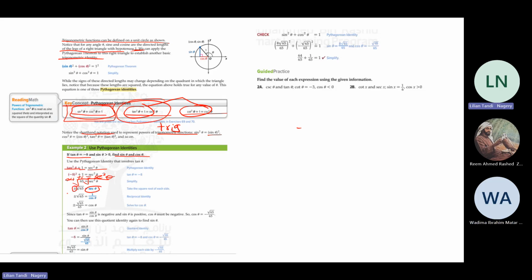A positive and a negative. Yes, the square root of 64 is either 8 or -8. Why? Because 8 times 8 is 64, and -8 times -8 is also 64. So the square root of a positive number will always have two roots, a positive and a negative root. That's why we write it over here, plus or minus.